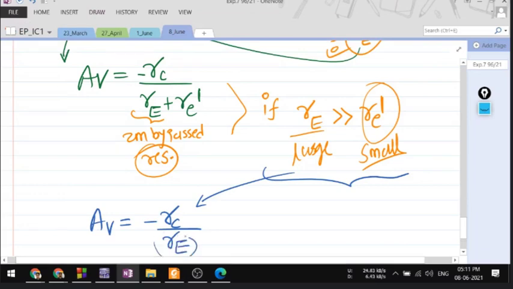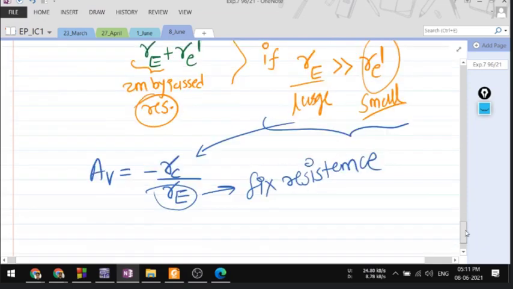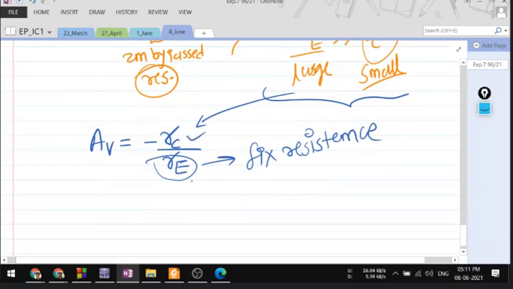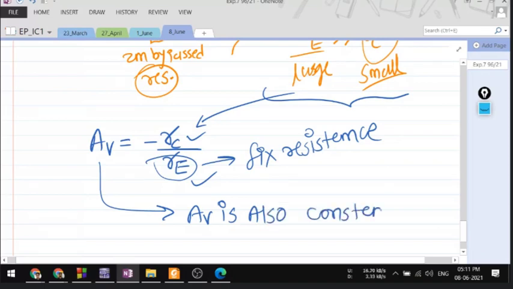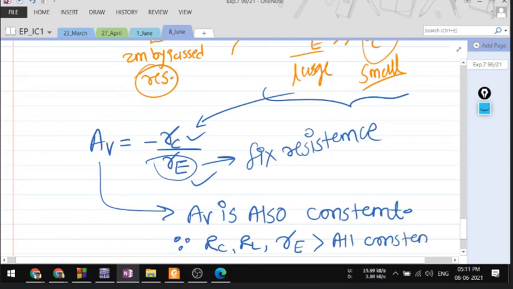Now this is a fixed resistance. Your RC is constant, your RE is constant, so your gain AV is also constant, because RC, RL and RE are all constant.